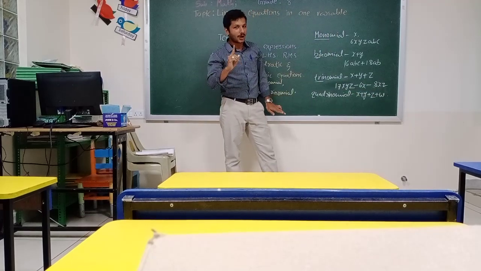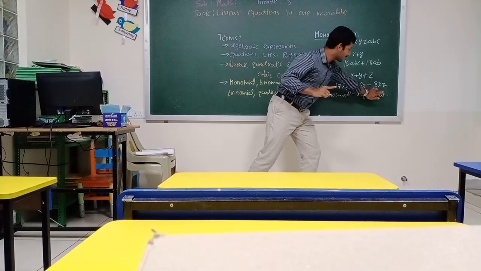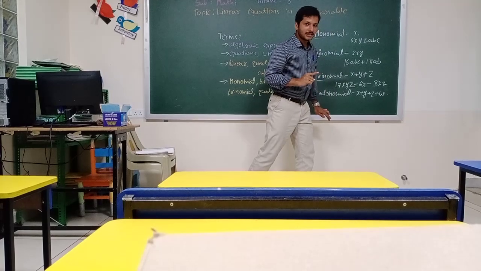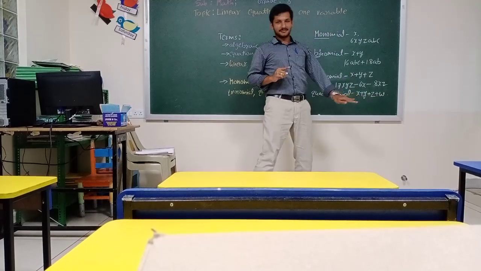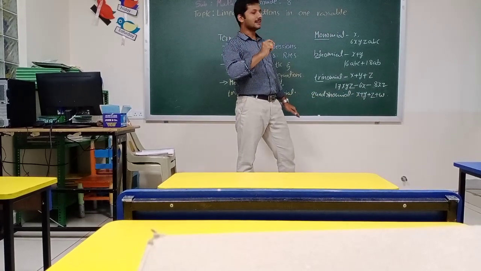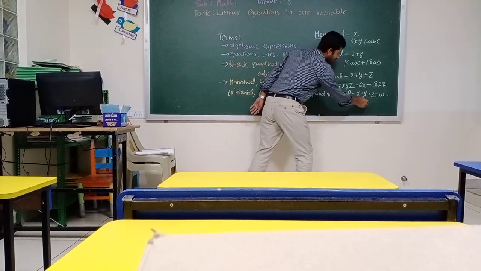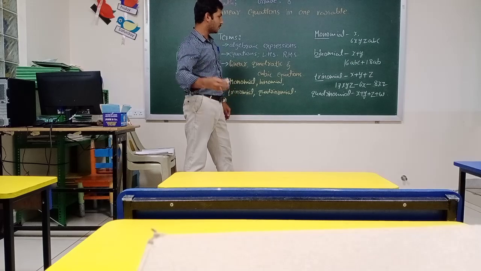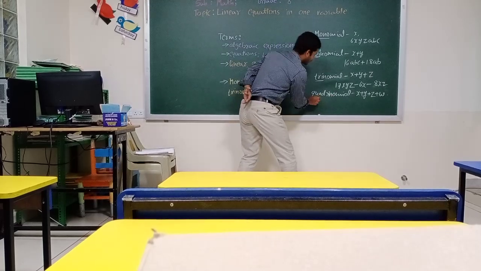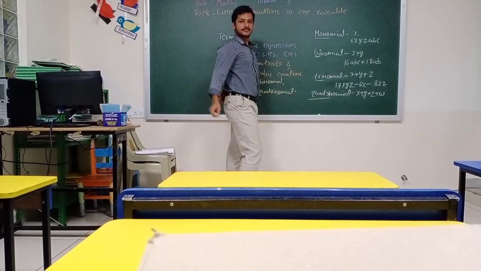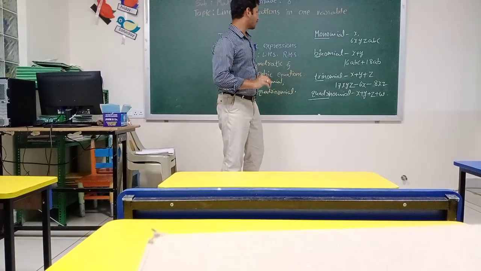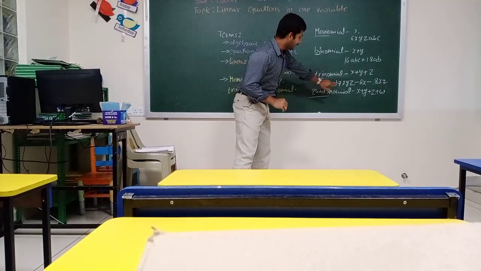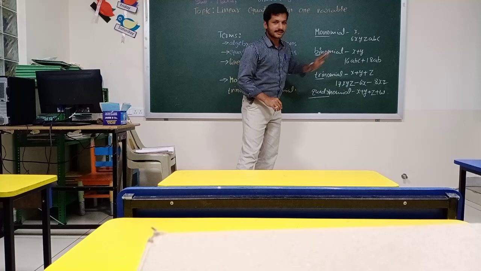Don't worry about the order. W has come in the last. We are not writing alphabets here. They are mathematical representations, so don't worry about the order. Quadri stands for 4 terms. So we have 4 terms here: x plus y plus z plus w.